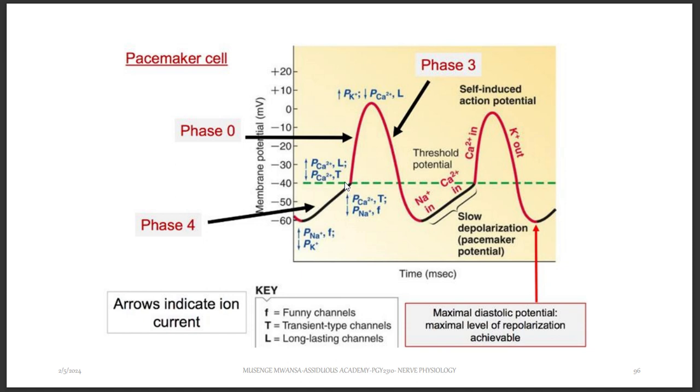So there's going to be that now fast depolarization. And then now in phase 3, there's going to be a closure of the L-type calcium channels and an opening of the potassium channel. Now remember, potassium starts flowing out of the cell, and that causes a repolarization, and the process continues like that. Okay.